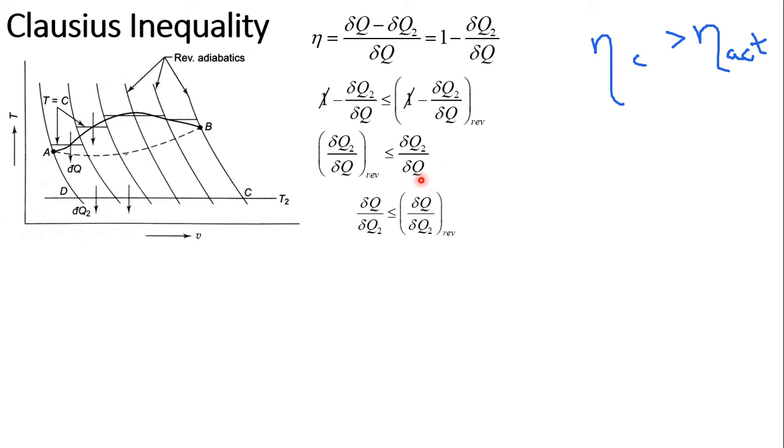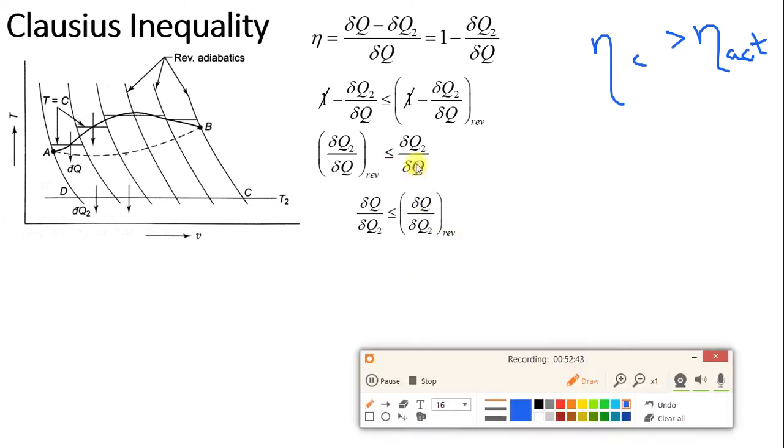Now we will just arrange the terms. Let me highlight this. Take this delta Q in the numerator, and take this delta Q2 in the denominator. Similarly, take this reversible delta Q in the numerator, and this delta Q2 in the denominator.